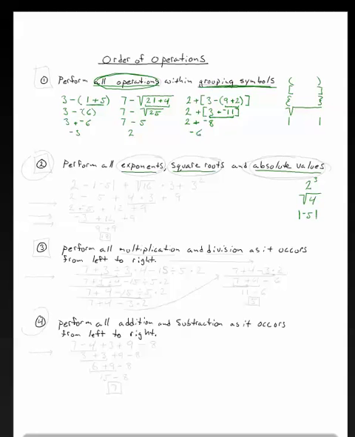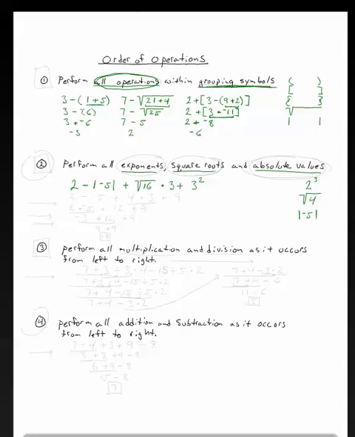So say we had something that looked like this: 2 minus the absolute value of negative 5 plus square root of 16 times 3 plus, let's do 3 squared.